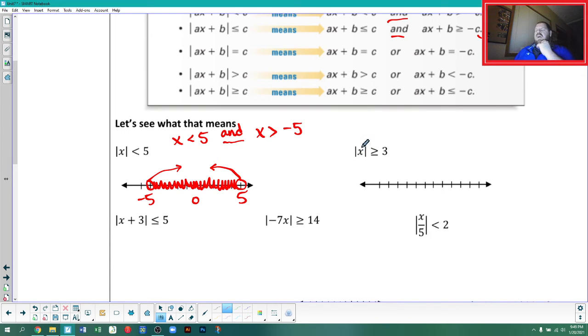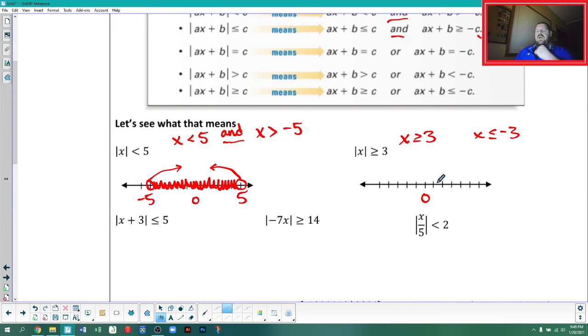In this one, I have absolute value of x is greater than 3. And so if I break that up, I should say greater than or equal to 3. And we also have the -3. I have to flip my sign because I'm dealing with the negative. And this one makes it a little bit more clear.